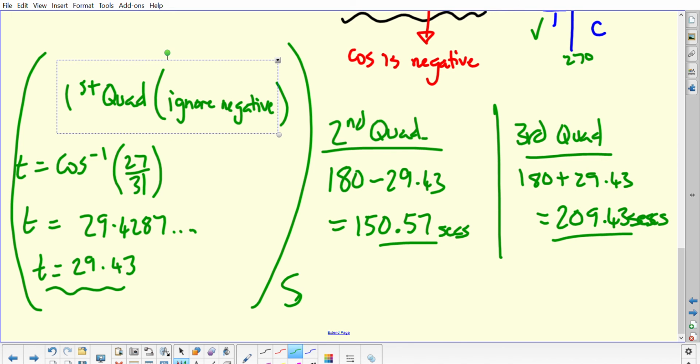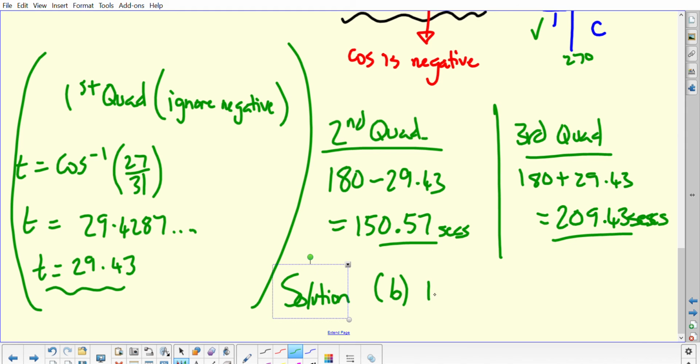So listing my final solution, the answer for part B, when's the first time, for part B it'd be 150.57, and then for part C your answer would be 209.43 seconds.